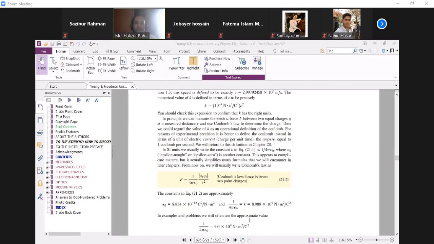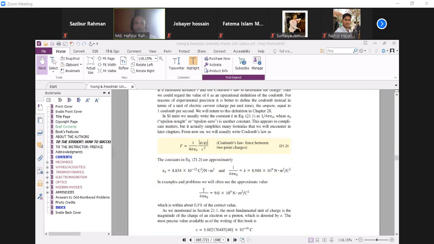So approximately we can say the value of K, or 1 by 4 pi epsilon naught, equal to 9 into 10 to the power 9 Newton meter square per Coulomb square. So these values, all values you have to remember because we'll do maths using this value. Okay, now let us see one math.